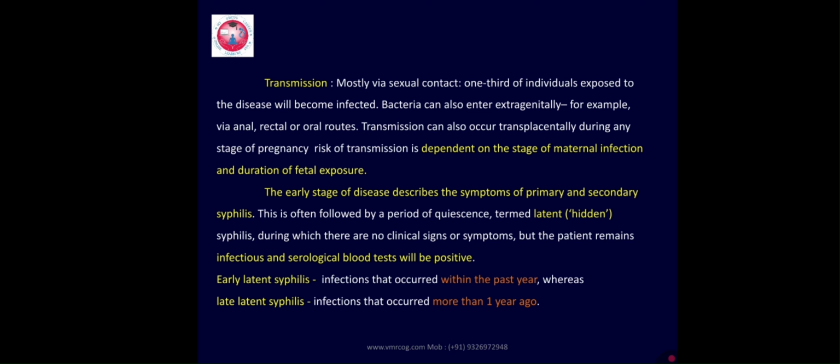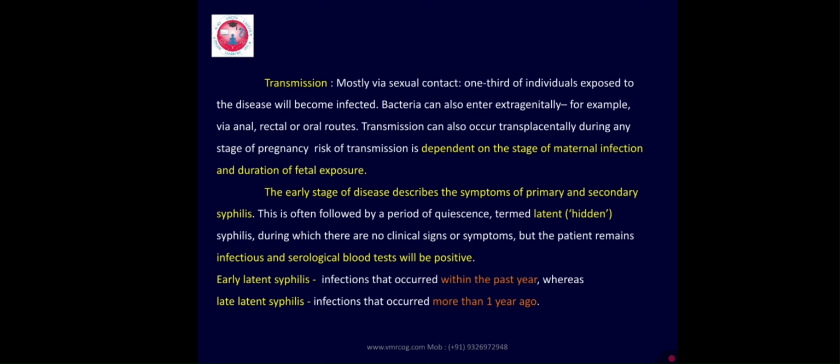So you have the primary stage of syphilis, the secondary stage, and after the secondary stage the disease becomes quiescent and goes into the latent phase, or latent disease. During this the patient is infectious and the serological test will be positive, but there are no clinical signs and symptoms. And over a period of time, maybe 15 or 20 years down the line, it will land up in the tertiary stage or the late disease.